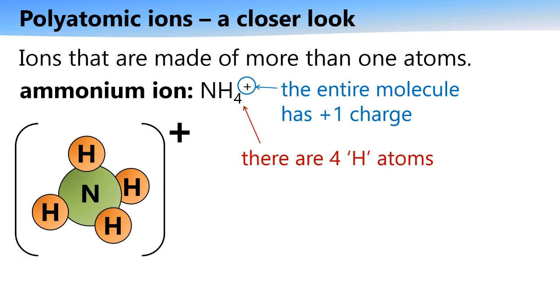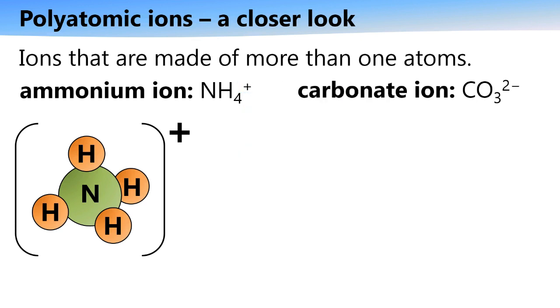Another example, the carbonate ion. What is the charge of the carbonate ion? Is it 3? Is it 2 minus? Once you see a number below, it represents the number of atoms of that element. But when the number is on top, that is the charge. So the 3 belongs to oxygen, because it's a number below attached to oxygen.